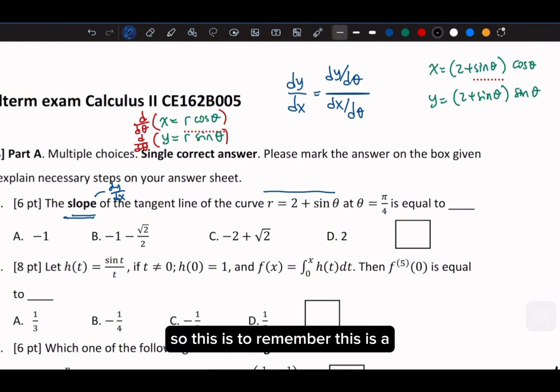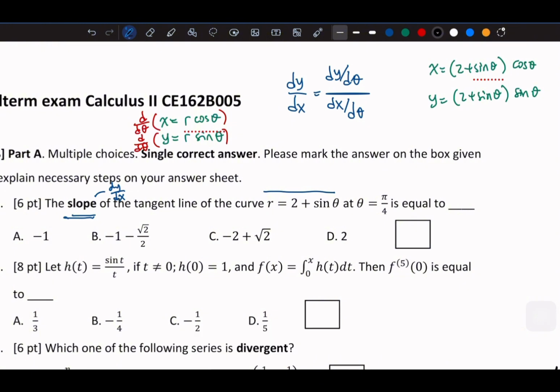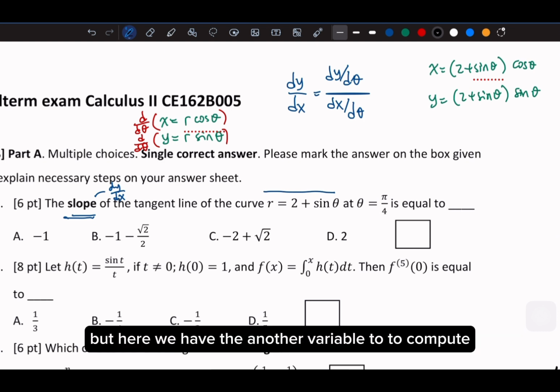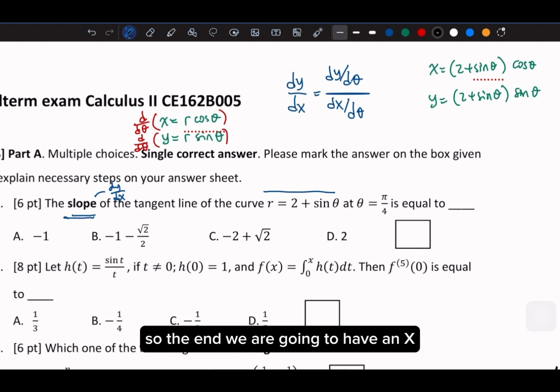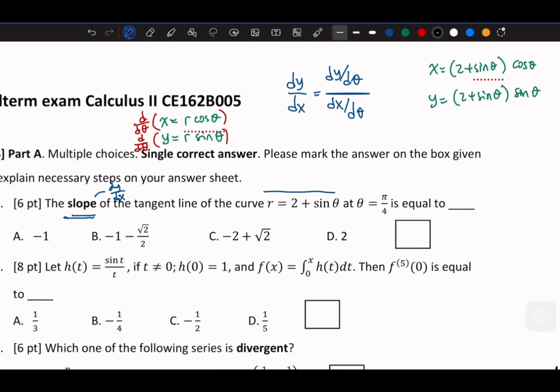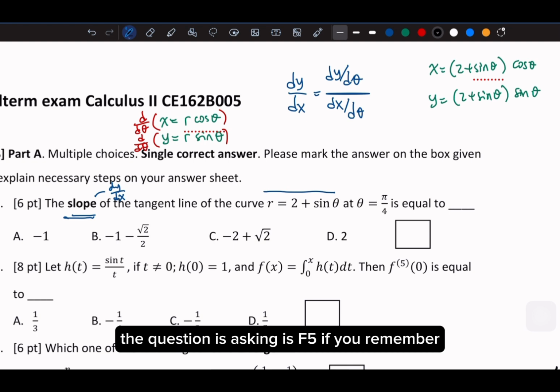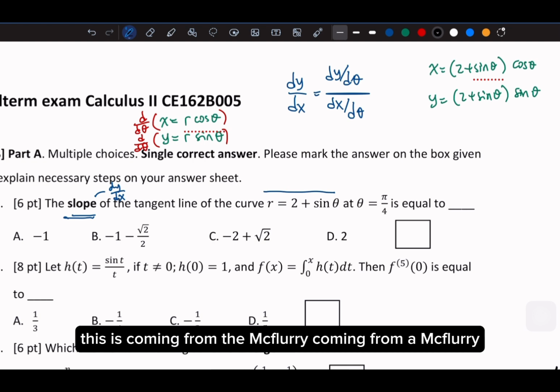If you remember, this is the fundamental theorem of calculus. We have 0 to x, but here we have another variable to compute. So at the end, we are going to have an expression in variable x. And then the question is asking this f5. If you remember, this is coming from the Maclaurin. We derive 5 times, and then we put x equals 0.